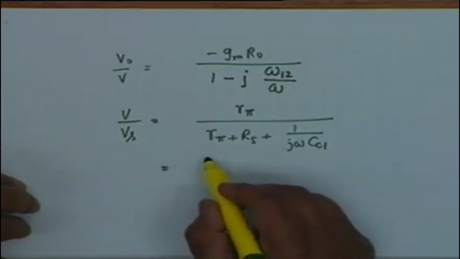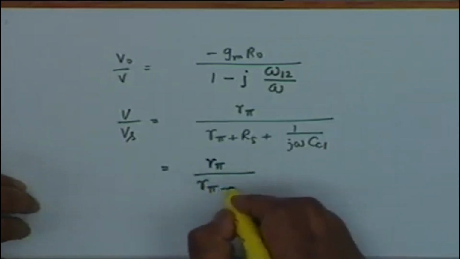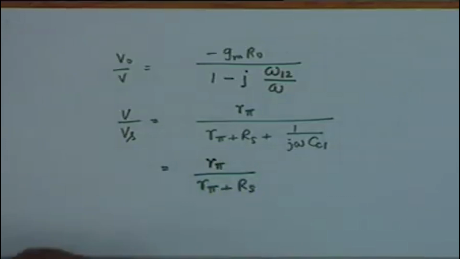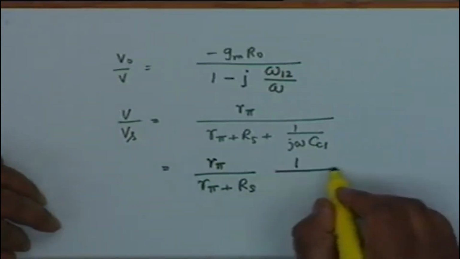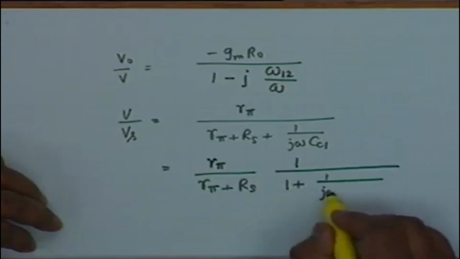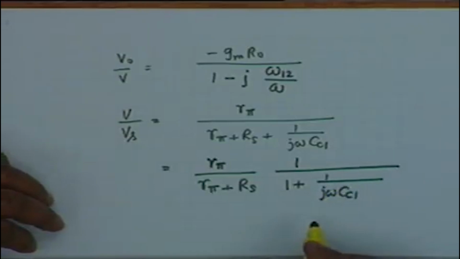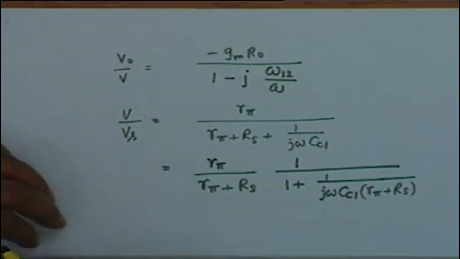This I will now write as R pi divided by R pi plus Rs, I take this out. Then I can write 1 divided by 1 plus 1 over j omega CC1 R pi plus Rs. Any objection? Is that true? Have I distorted anything? Not yet.